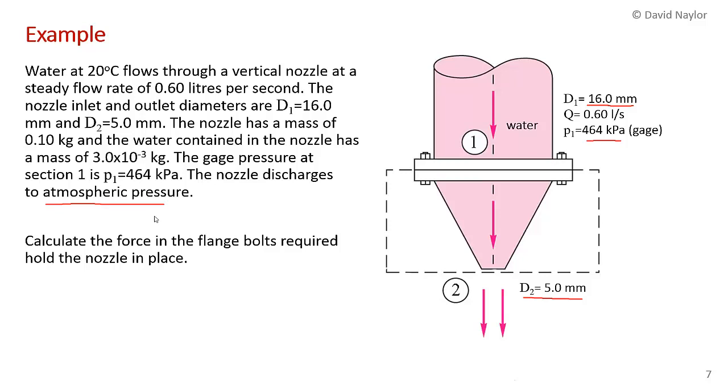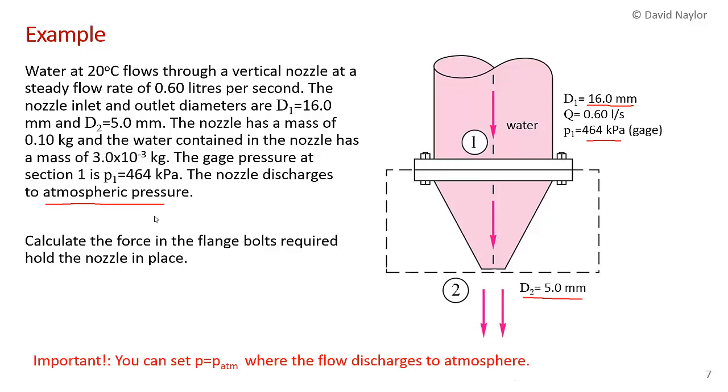Now, before we do this problem, I just want to talk about one common assumption that you can make. It's important that where a jet discharges to atmosphere, you can assume that at section 2, the pressure is equal to the atmospheric pressure. So here we can set the pressure P2 equal to 0 gauge. You can always make that assumption where fluid discharges to atmosphere unless the fluid is flowing near the speed of sound.